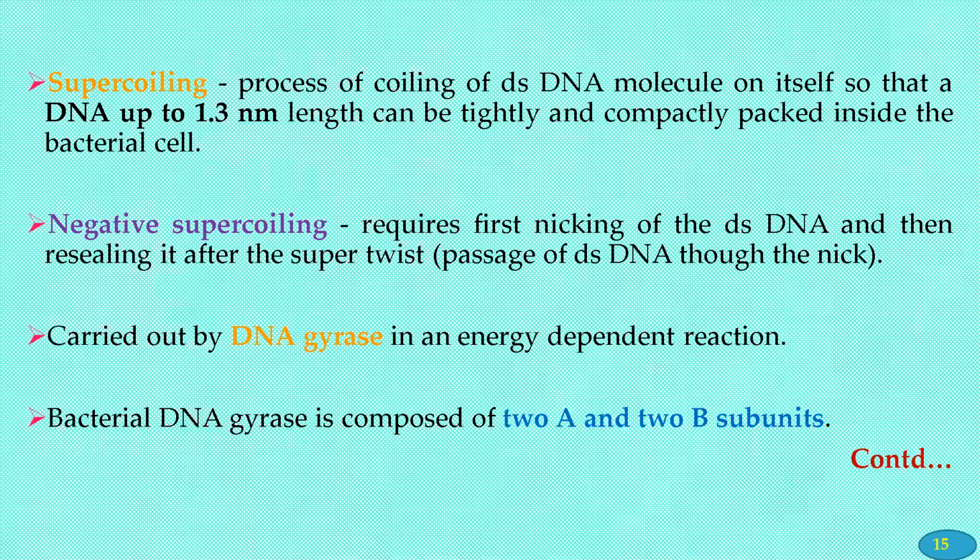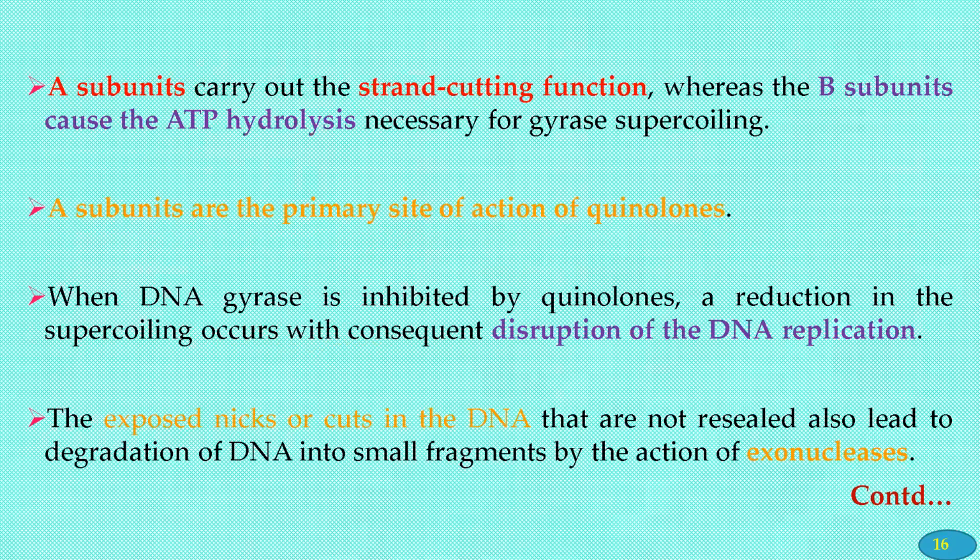So the bacterial DNA gyrase is composed of 2A and 2B subunits, having a special structure. The A subunits carry out the strand cutting function, whereas the B subunits cause the ATP hydrolysis necessary for the gyrase supercoiling.